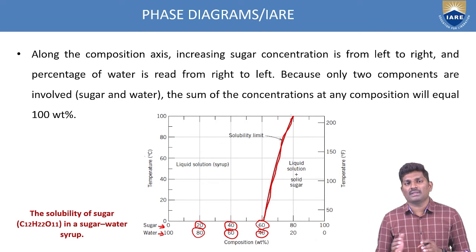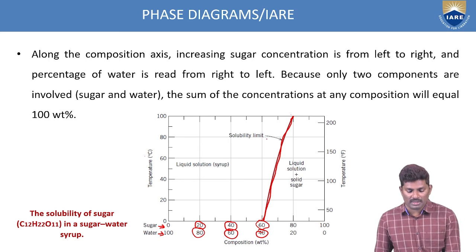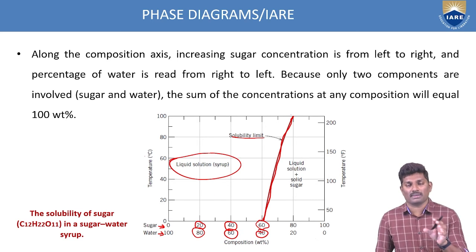Beyond that limit, there is no chance of solubility of any type of metal or alloys. So if you see before this red curve, that is the solubility limit, you are having a liquid syrup solution before the solubility limit.